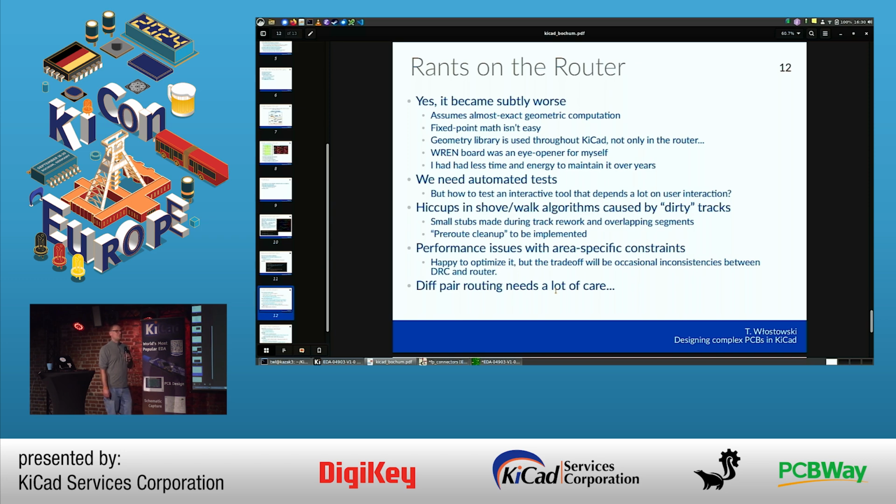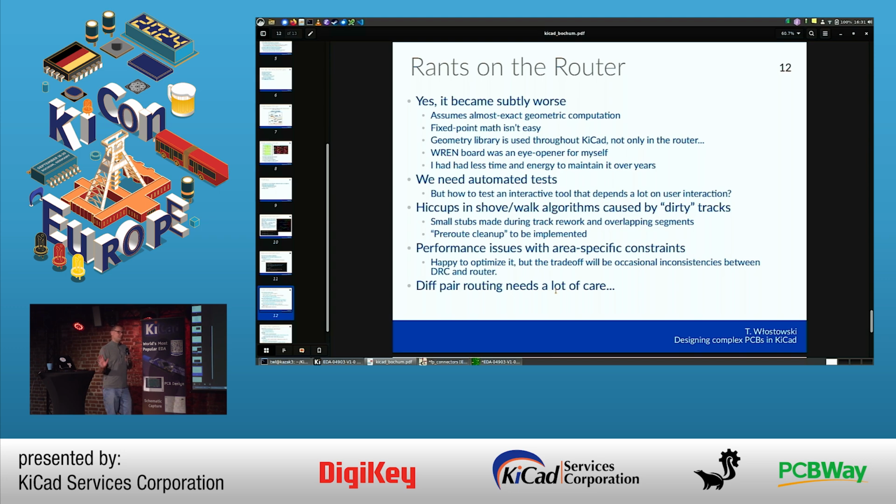Another issue with the VME REN board is we have per board area clearance rules. That means the width and clearance under the dense BGAs, the FPGA and the DDR chips, is a bit narrower than elsewhere. So this unfortunately caused quite a bit of performance issues with the router. And I have a few ideas how to optimize it, but this will come at a trade-off in accuracy.